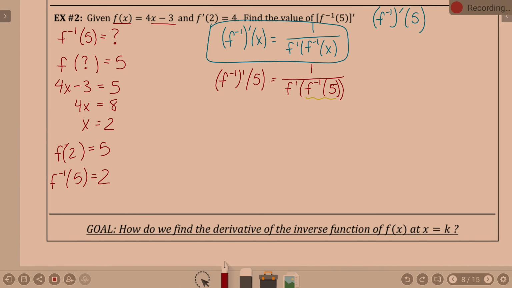So now I have 1 over f prime of 2. Can we find f prime of 2 pretty easily? It's 4. Because right here, what is the derivative of 4x minus 3? It is 4. So what is f prime of 2? It is 4. So this is 1/4.